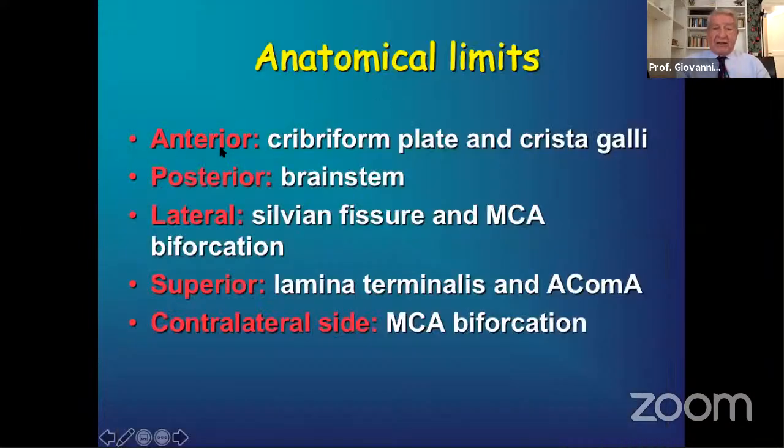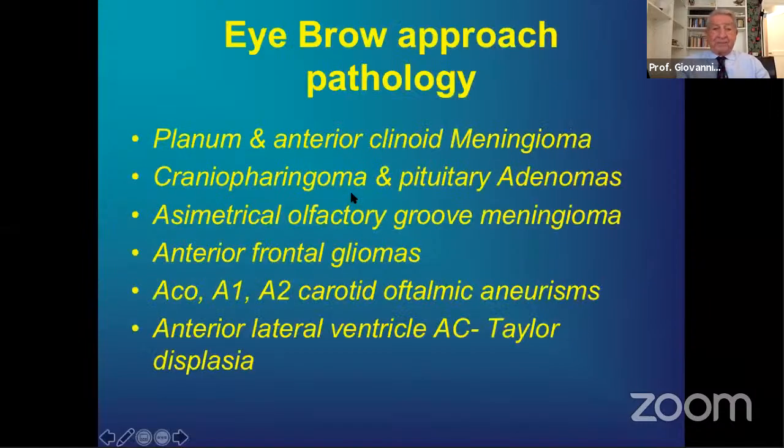The limits, as you said before, anterior is the cribriform plate and crista galli. Brainstem, Sylvian fissure, and the bifurcation of the ipsilateral MCA, the lamina terminalis, as I show, and the AComm, and the contralateral bifurcation. You can go till the chiasma to the opposite carotid artery and follow till the MCA bifurcation.